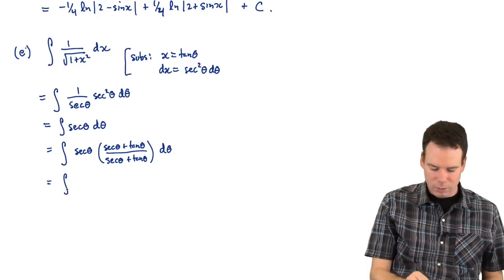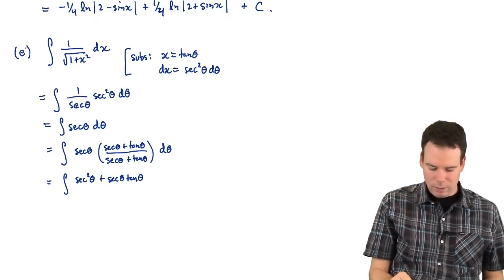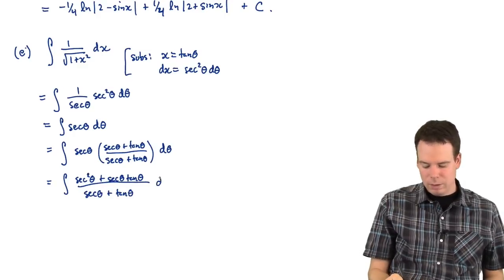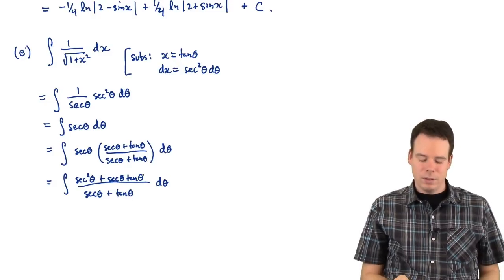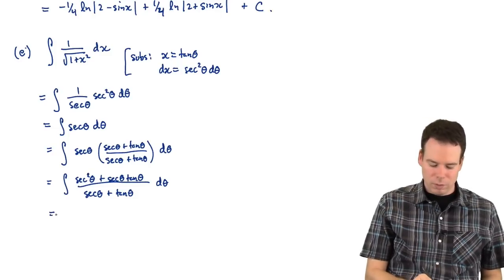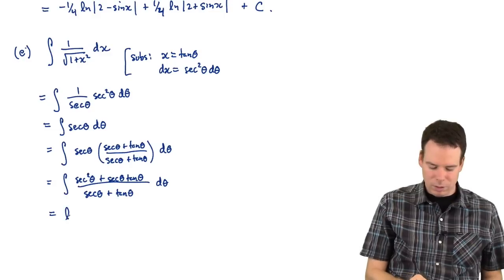When I expand it out, I get a secant squared theta plus a secant theta tan theta on top, and on the bottom is secant theta plus tan theta. If you look closely, the derivative of the thing on the bottom is exactly what's on top. Derivative of secant is secant tangent, derivative of tangent is secant squared.